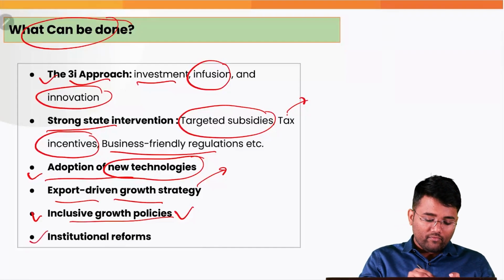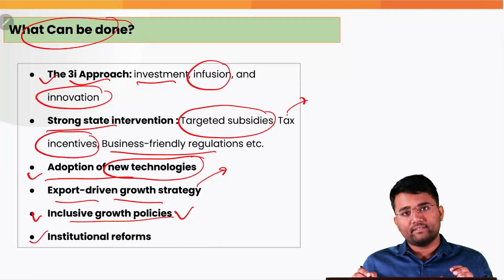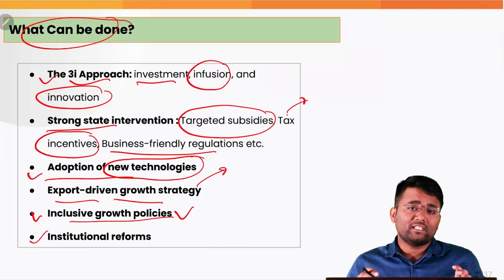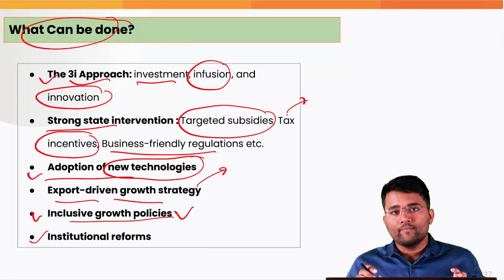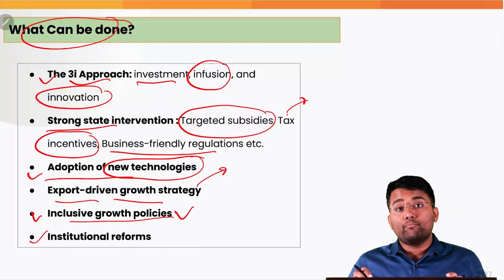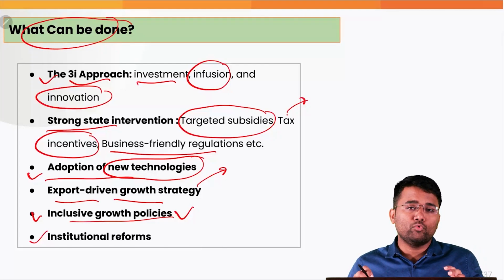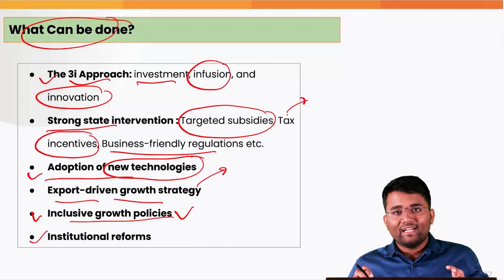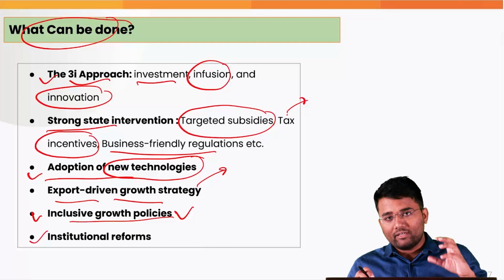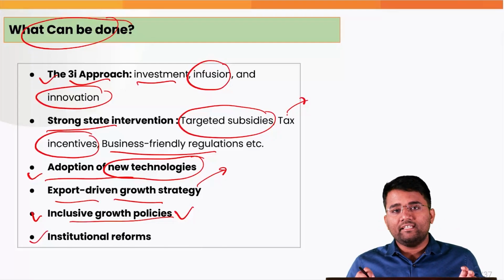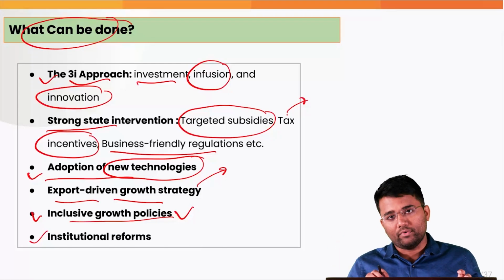Also, we need to follow various institutional reforms. For example, rationalization of various laws and regulations can be done, and the institutions may be provided with more regulatory power, so that they can ensure that whatever schemes are being run by the governments, the benefits are reaching properly.